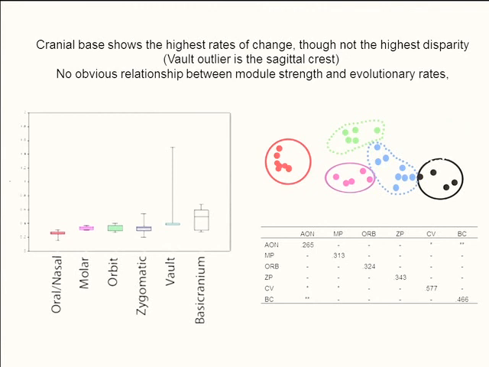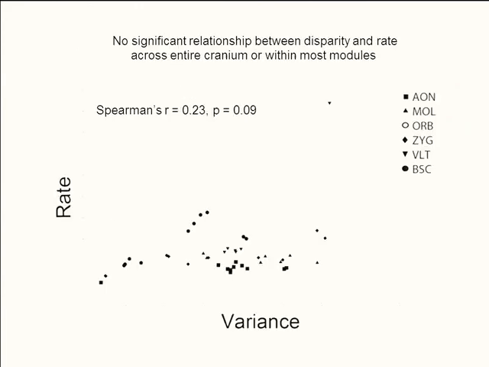So the oral-nasal module and the basicranium are the most tightly integrated parts of the skull, and yet they have significantly different rates of evolution. The basicranium actually has very high rates of evolution, whereas the facial region has relatively low rates of evolution.